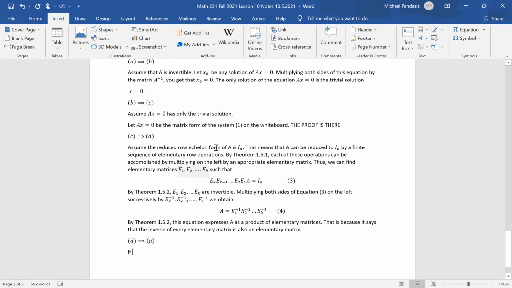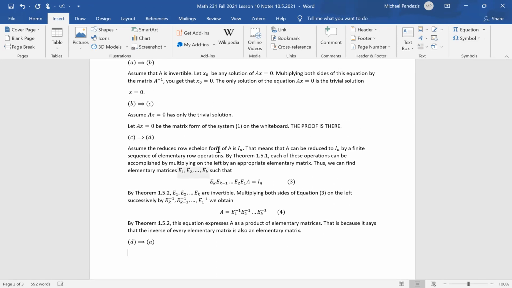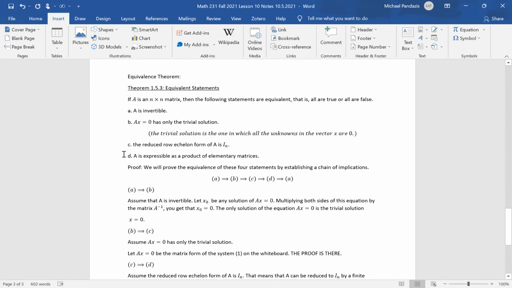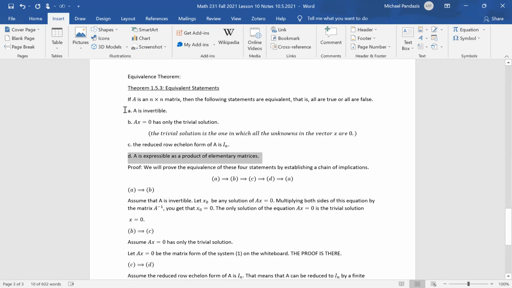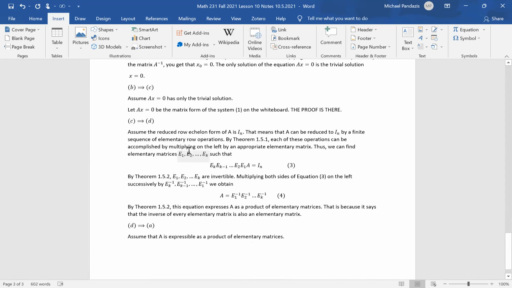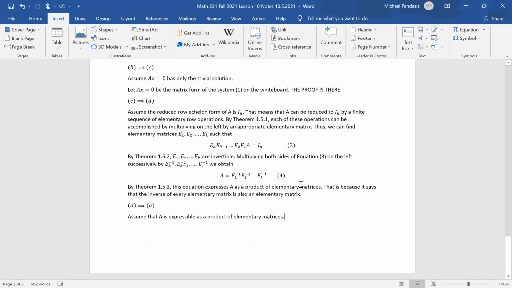So we assume that A is expressible as a product of elementary matrices. Okay, that's statement D. So we're assuming D, and we want to show that it implies that A is invertible.